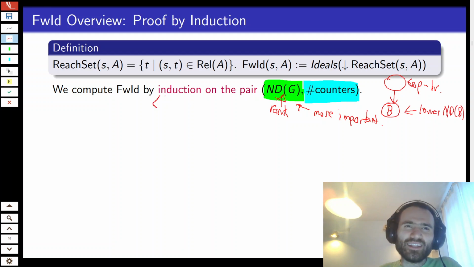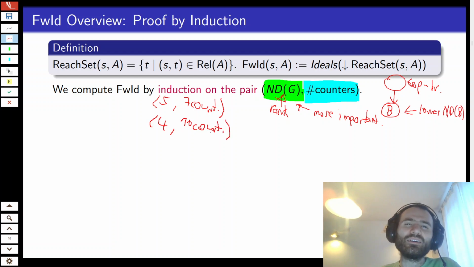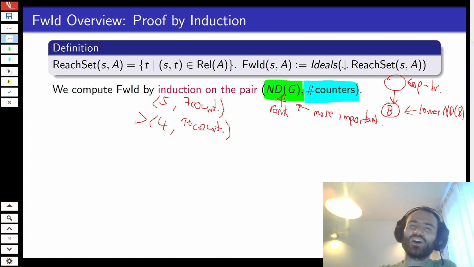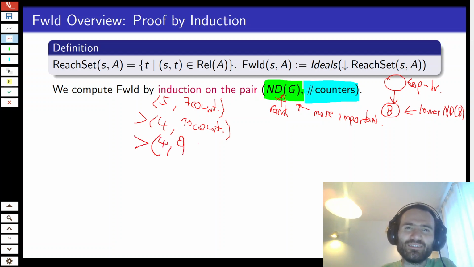If you have nesting depth 5 and you have 7 counters, and the other thing has nesting depth 4 and it has 10 counters, then the first is larger than the second. Because you take lexicographic ordering, first you count the nesting depth, then you count the number of counters. On the other hand, if you have the same nesting depth but you decrease the number of counters, then of course you also become smaller.